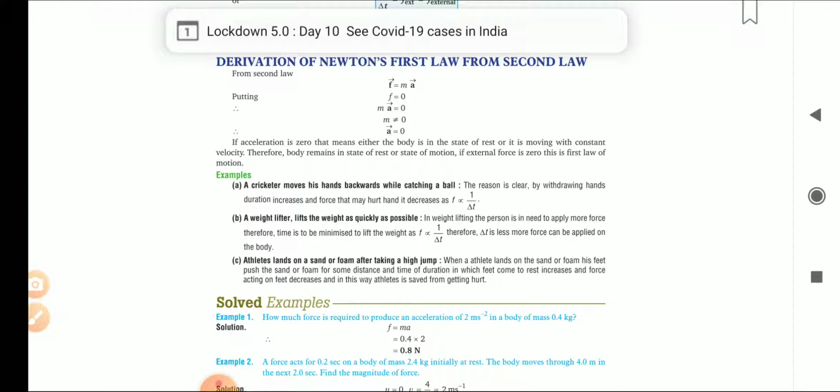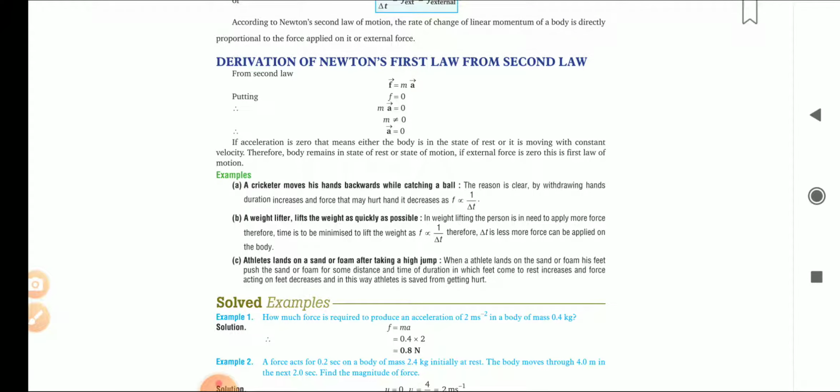That means m into (v minus u) upon t. We are increasing the t, which means we are increasing the denominator. That means the force applied will be less. So our hand will experience less force and our hands will not get injured.